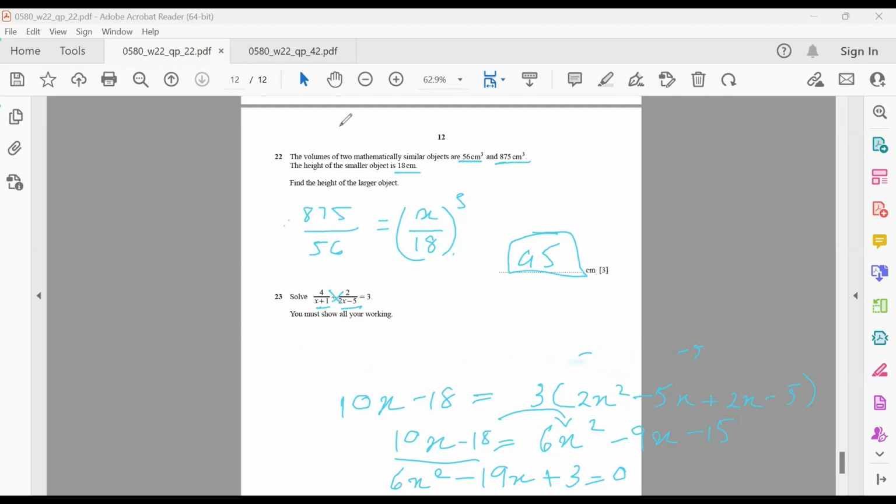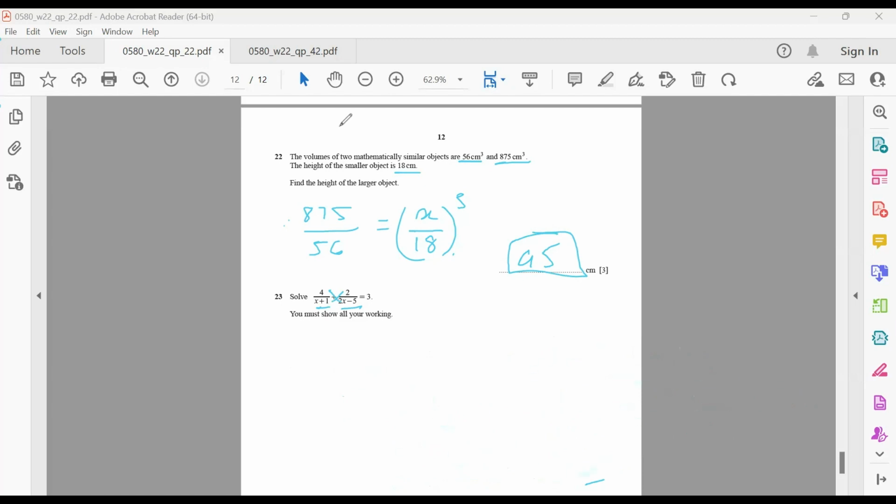So I'm just gonna erase this since we found out the main equation that we need to use. And yeah, I'm just gonna equate it to 0. We have 6x squared minus 19x plus 3 is equal to 0.